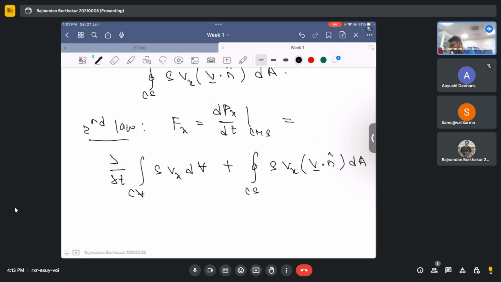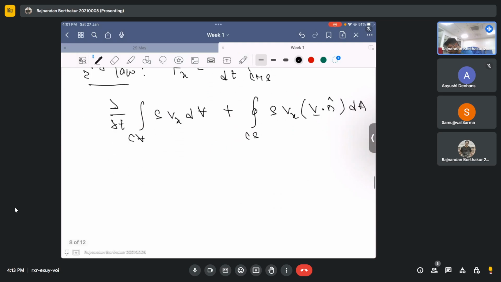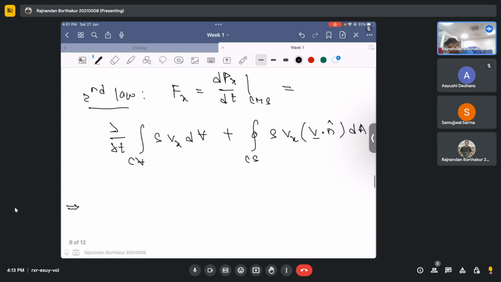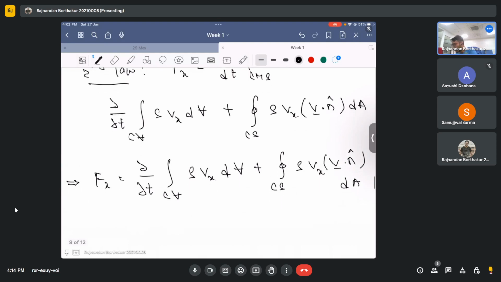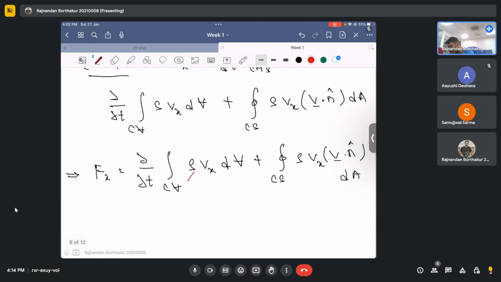So indirectly, based on the above expression, I can write that the force in x direction is nothing but del by del t integrated over the control volume, which I will denote as CV, times rho Vx, plus the control surface term, V dot n cap dA. Now, as you can see, the first term would be 0.